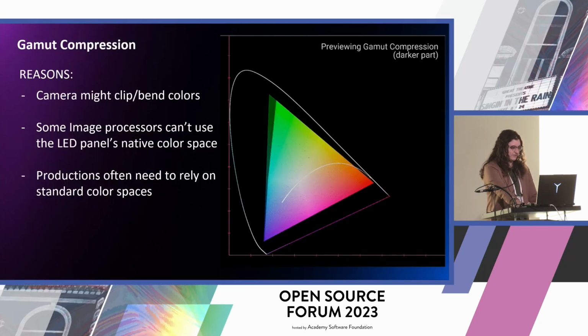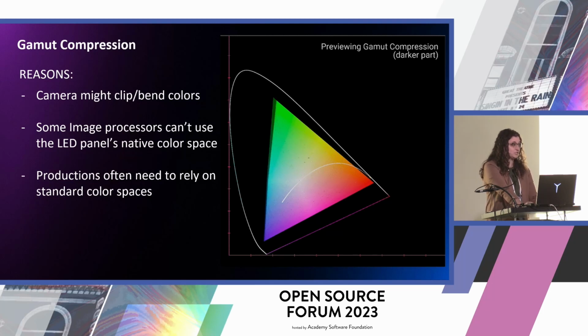So the reasons for this, as can sort of be seen in this graphic, this GIF, is it playing? Okay, good. You'll see it more if you rely on a standard color space such as Rec 2020 or P3 and you're moving these primaries around. You'll see it less if you're able to rely on your LED wall native primaries.